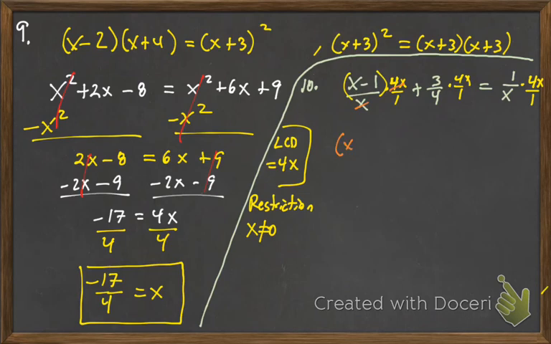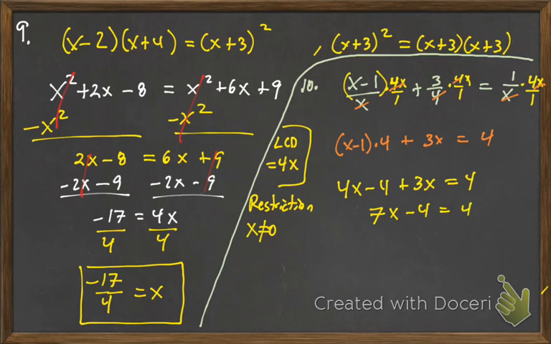Off of the first one, the x's absorb, and we'll have x minus 1 times 4. Then the 4's cancel, and then we have 3 times x. And then the x's cancel, and we have 4. Distribute the 4. Collect like terms. Add 4 to both sides.